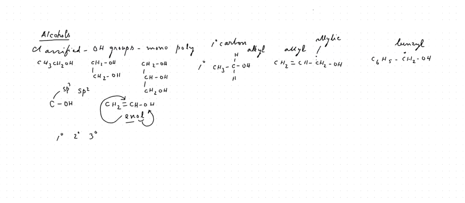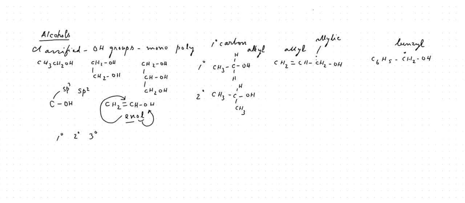Suppose in a different situation, CH3-CH2-OH, I replace one of the two hydrogens with another methyl group. Need not be a methyl group always. That can be any other chain, but a carbon should be attached here. Now this carbon becomes a secondary carbon. This is a secondary alcohol.